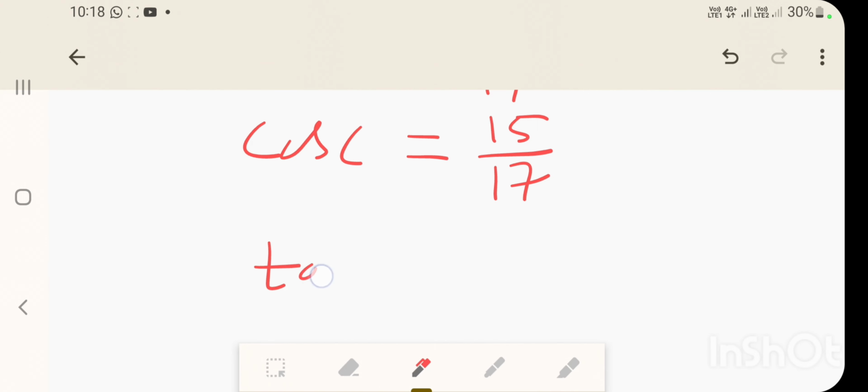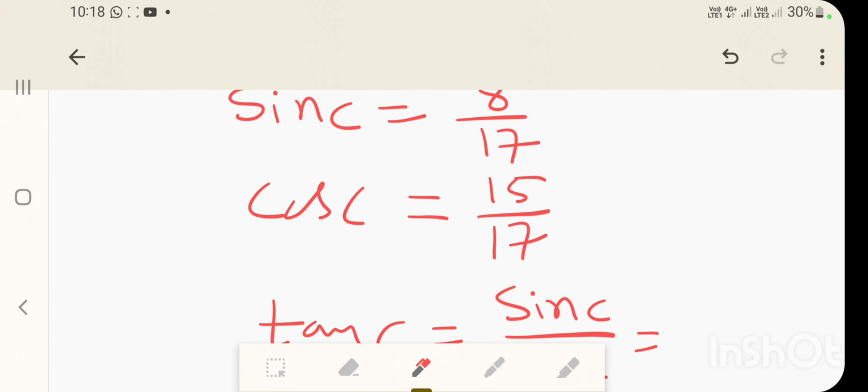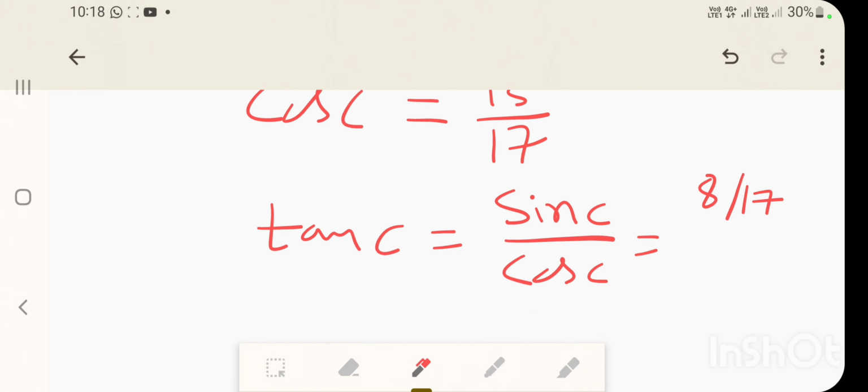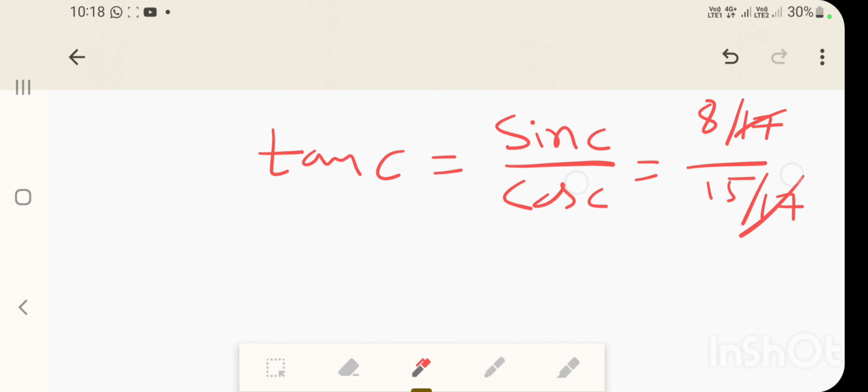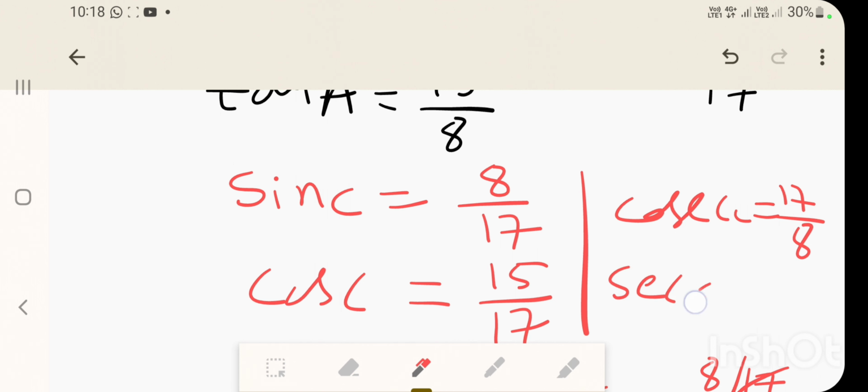Now tan C we can calculate directly from the diagram, or take the ratio of sin C by cos C. Sin C is 8 by 17 divided by 15 by 17. We can cancel the 17 in numerator and denominator, and we get 8 by 15. This is tan C. Cot C is nothing but 15 by 8. Cosecant C is nothing but 17 by 8. Similarly, secant C is nothing but 17 by 15.